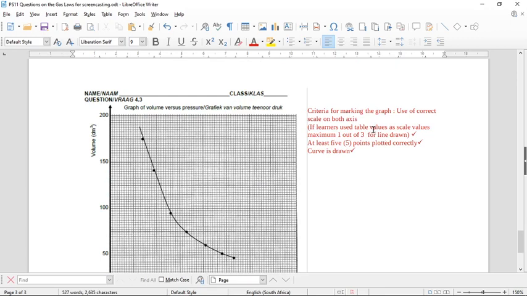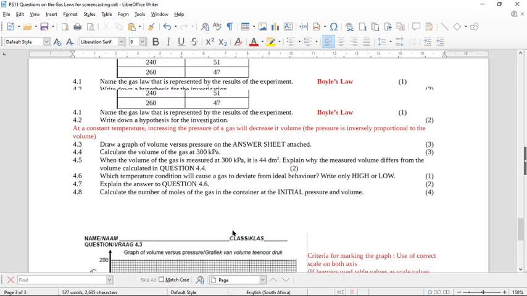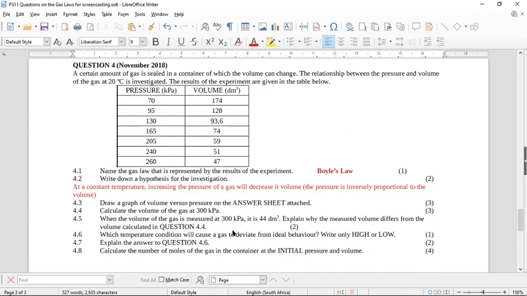So if you were so silly as to not make a scale and just put the values on the axis here on every block, please never ever do that in my class. You would only get 1 mark. Your marks are 1 mark for the correct scale, 1 mark for 5 of your points plotted correctly, and 1 mark for joining them with the curve. So that's quite a lot of work for 3 marks. But anyway, that's what they chose to do.